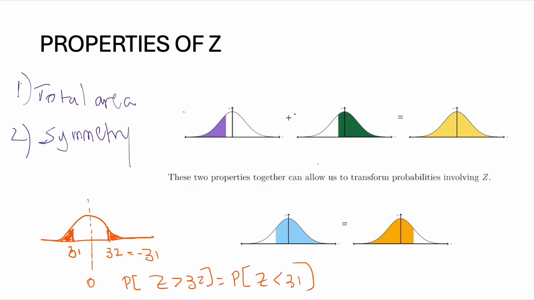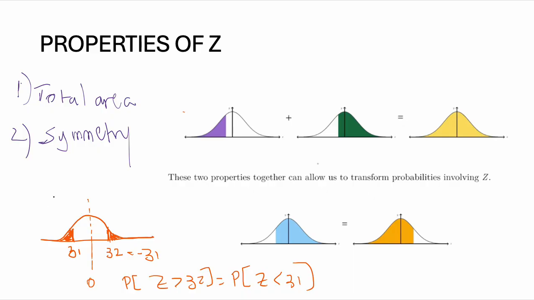So if you have this purple part plus the green part, if they are complementary, these probabilities have to equal 1, because the total area under the curve is 1. And this concept comes from histograms, right? If you remember histograms, the area under the histogram has to be equal to 1.